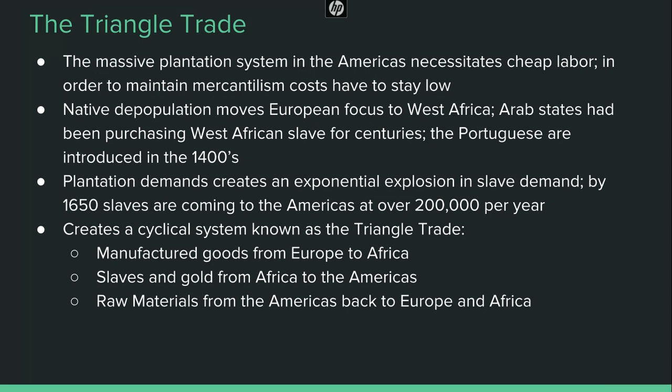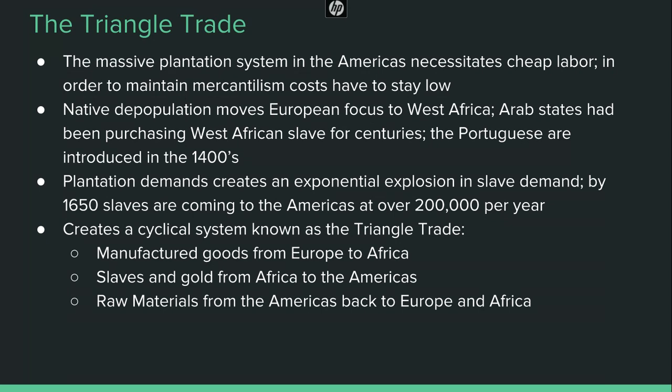And the way that the triangle trade functions is manufactured goods are either made in Europe or purchased from China and filtered through Europe to Africa. In return for those manufactured goods, slaves and gold are purchased in Africa and transferred to the Americas.